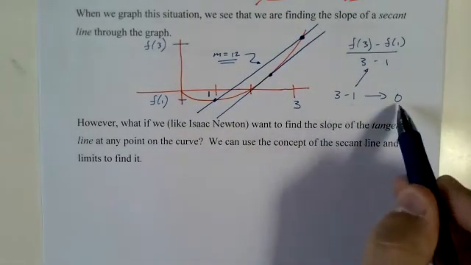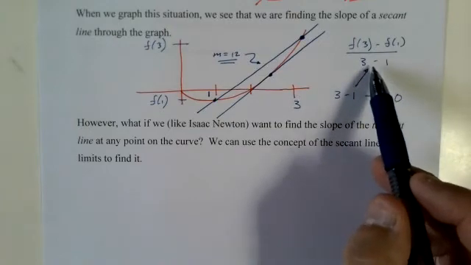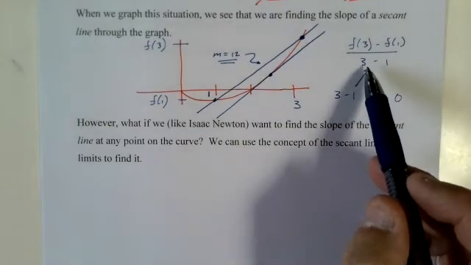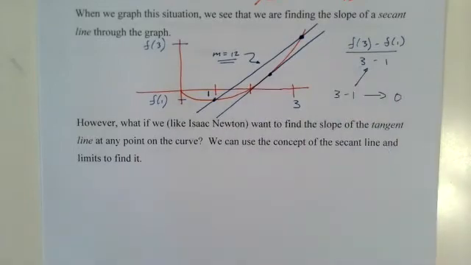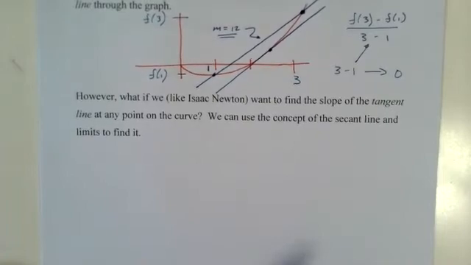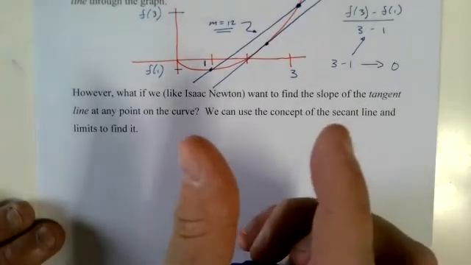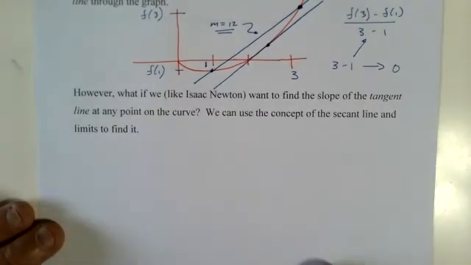We want this to go to 0. Now, if you're smart, you're going to say, we can't have that go to 0. We can't divide by 0. Well, that is the really slick thing that Isaac Newton did. And Leibniz, German counterpart. How do we find a slope of that tangent line where the gap has dropped to 0? Well, here we go.